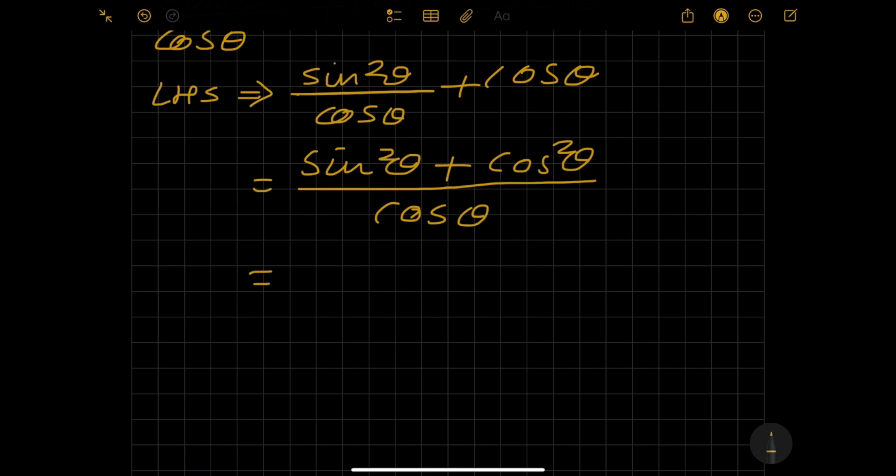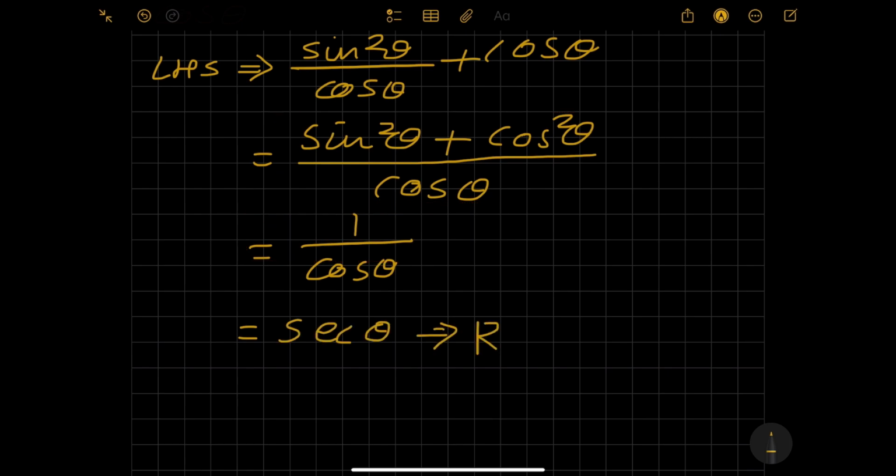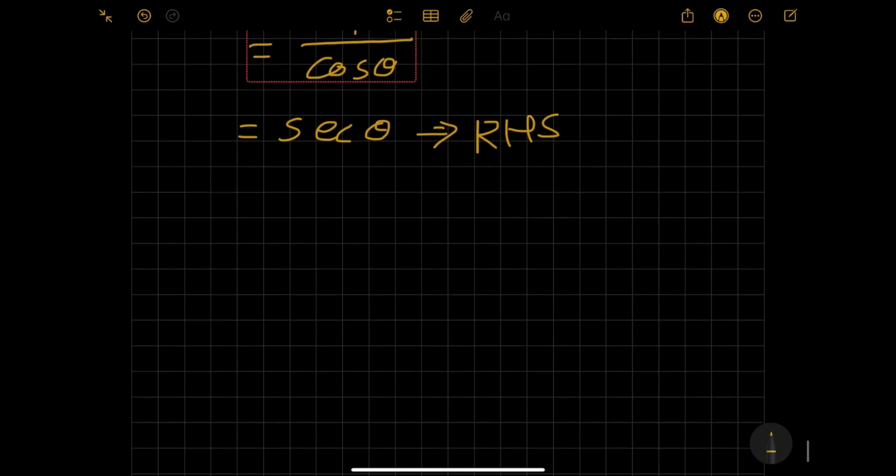Now we know the answer. Sin square theta plus cos square theta is 1, over cos theta, and we also know that the reciprocal of cos is sec theta, which gives you the RHS. Clear? And we'll write hence proved. I hope this is clear to you.